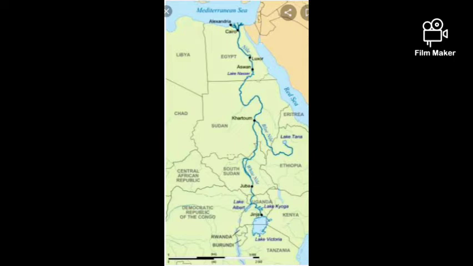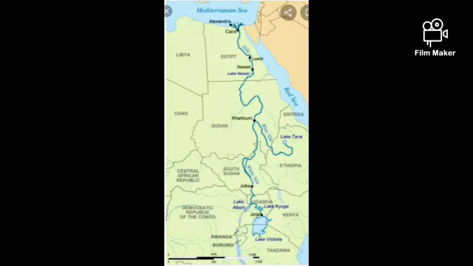I repeat, Nile is one of the longest rivers. The location of Lake Victoria is 0 degree 45 minutes 21 seconds south. The location is towards the south latitude and 33 degree 26 minutes 18 seconds east longitude.